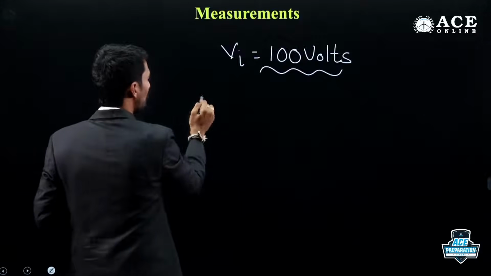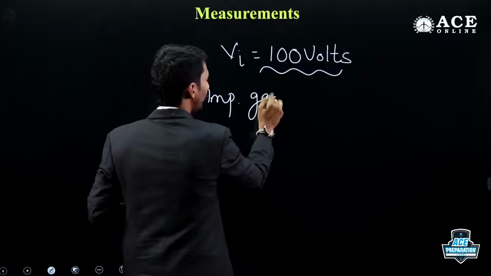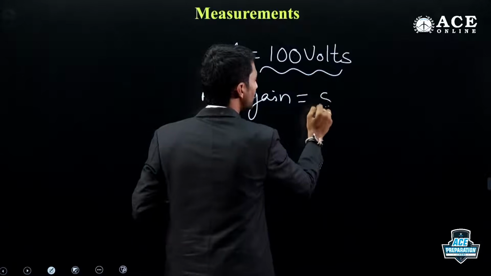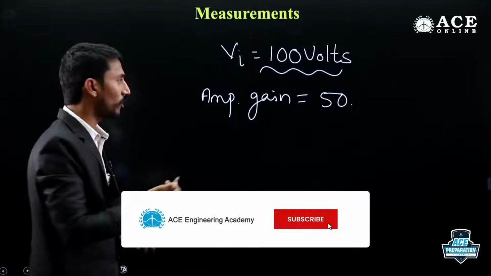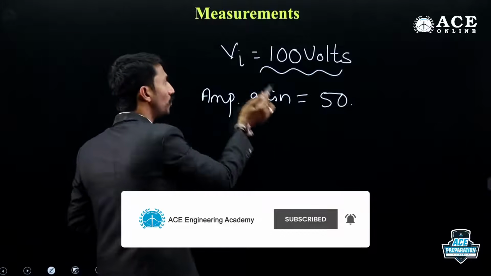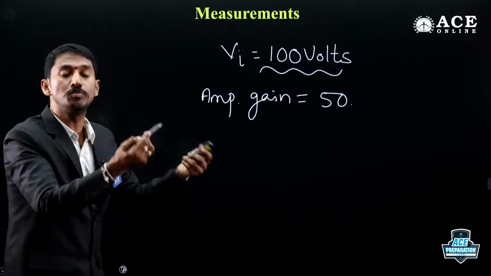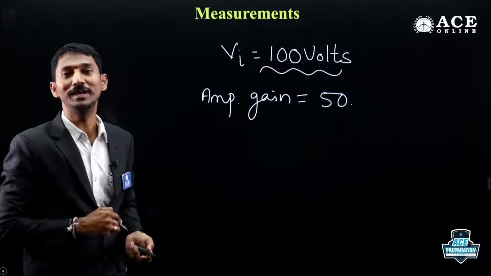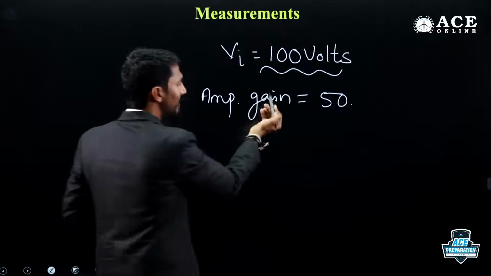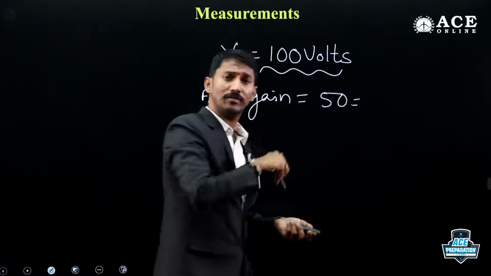Therefore, what is it here? Amplifier gain is given as 50. So the amplifier output will be this voltage. He is asking the main input, that is a very important point. So what is the gain formula? Simply output of the amplifier by input of the amplifier.